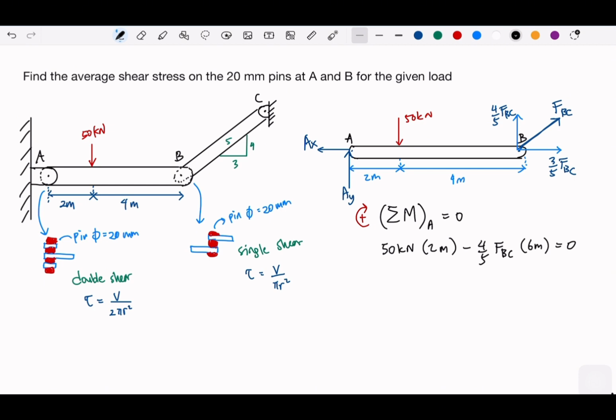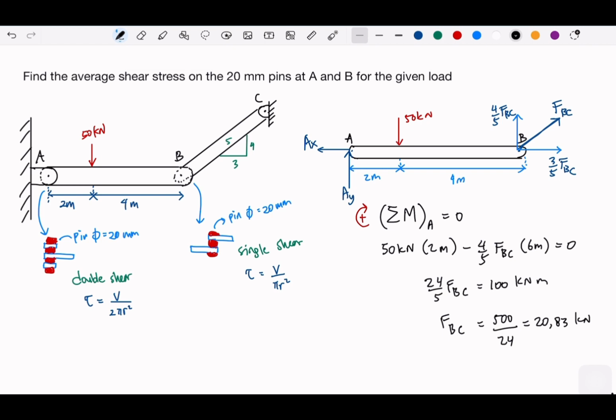So here is going to be 24/5 FBC is equal to 100 kilonewton meter. So FBC is going to be 500 divided by 24. If I'm not mistaken, this will be around 20.83 kilonewton. So this will be the FBC.